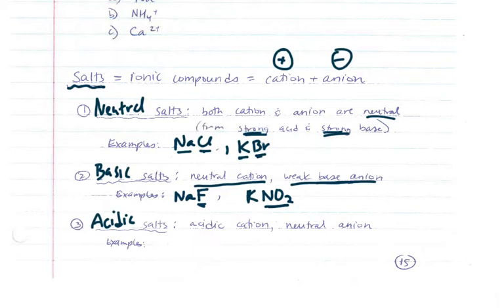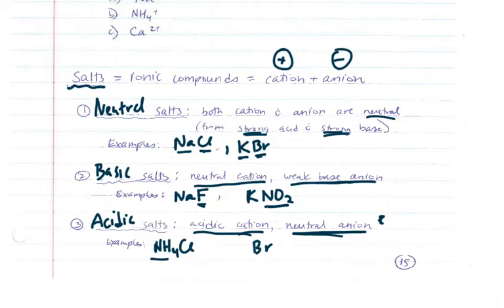And then acidic salts are ones that have an acidic cation, so they come from a weak base, and a neutral anion that comes from a strong acid. So some strong acids are hydrochloric acid, hydrobromic acid. So chloride and bromide would be examples of neutral anions. So let's say ammonium chloride, all right?